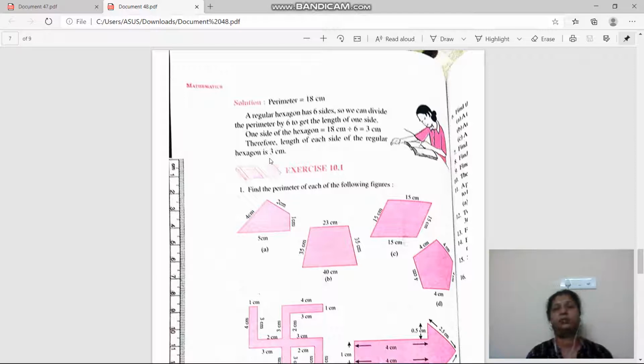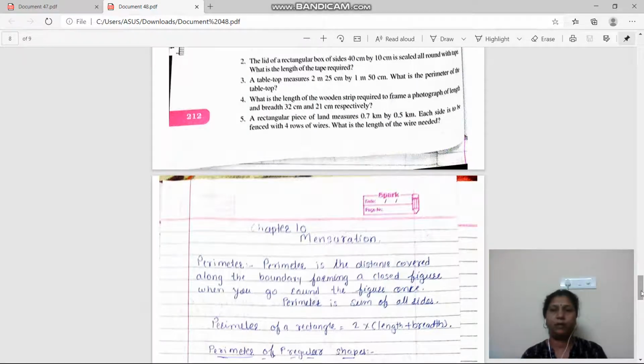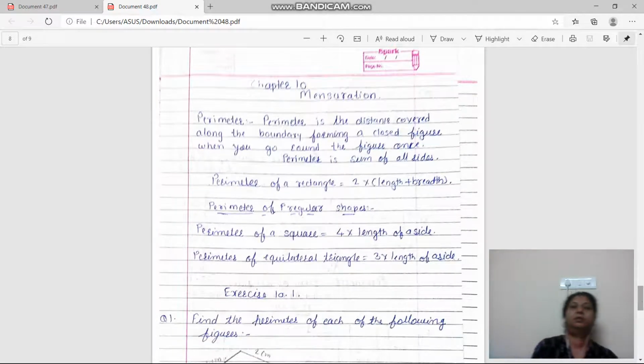So let's start to solve exercise 10.1. Okay. So see here, I have given you certain notes, so you have to write them. First of all, you have to write the chapter number, then write the chapter's name, then write the two definitions of perimeter. Understand? Then these are the formulas we studied till now: perimeter of a rectangle, then perimeter of a regular shape, that is perimeter of a square, perimeter of an equilateral triangle.